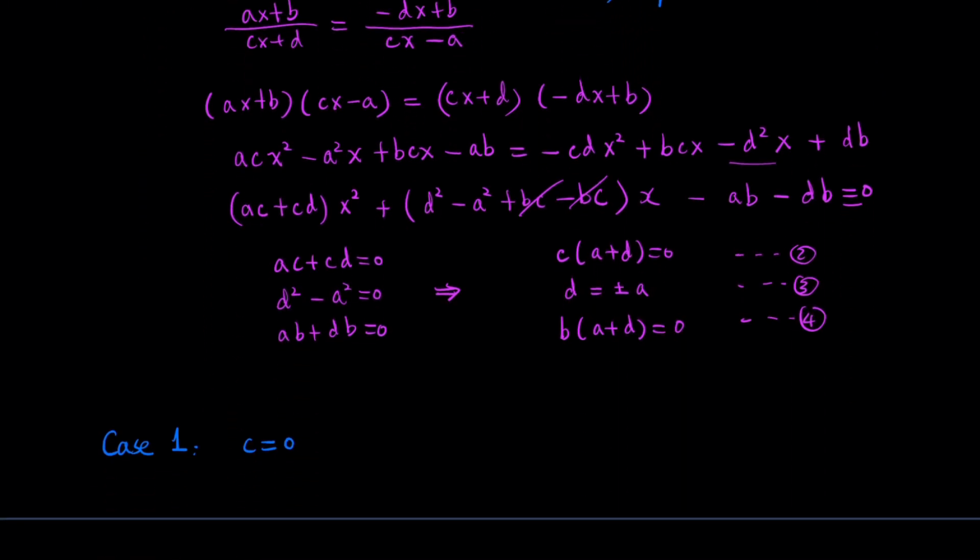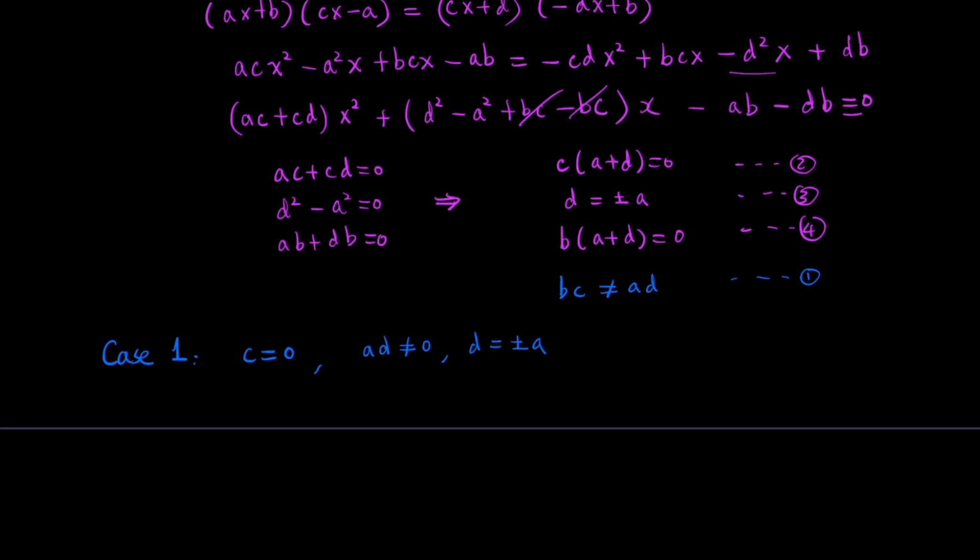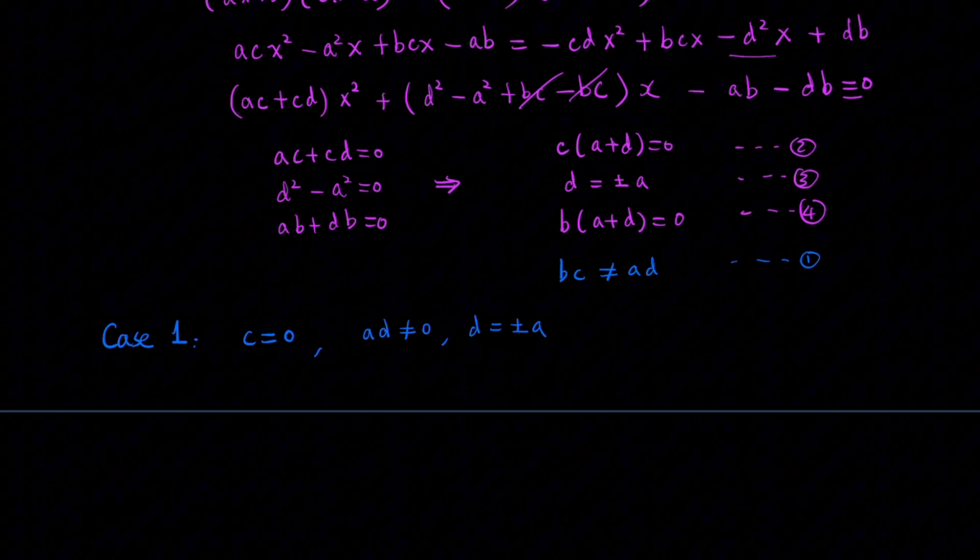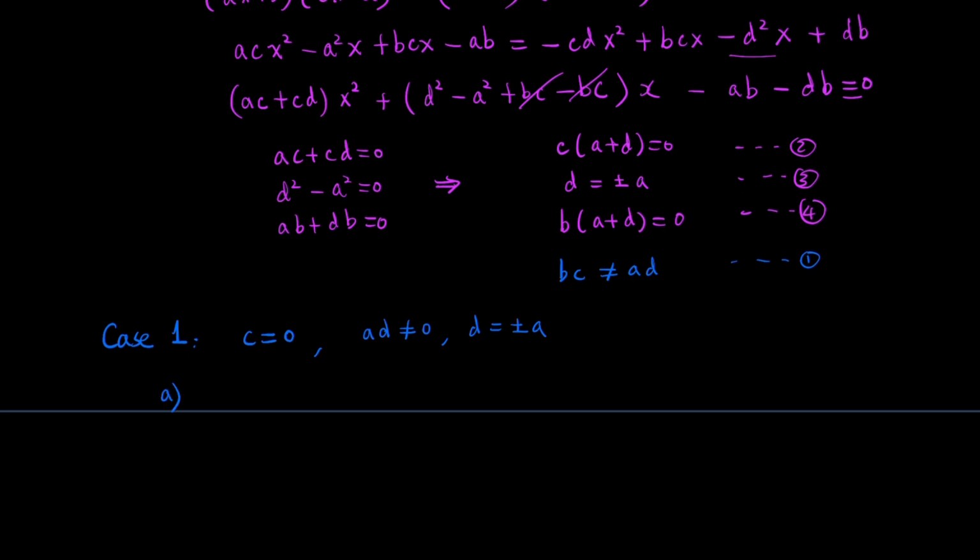So let's write BC not equal to AD, right? This is condition number 1, right? Just copy it over. So when C equal to 0, then it means what? It means AD cannot be 0. But then D has to equal to this one. For number 4, we actually don't know. So we're going to look at that.